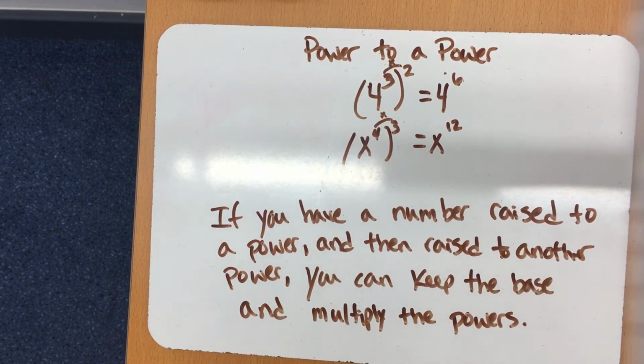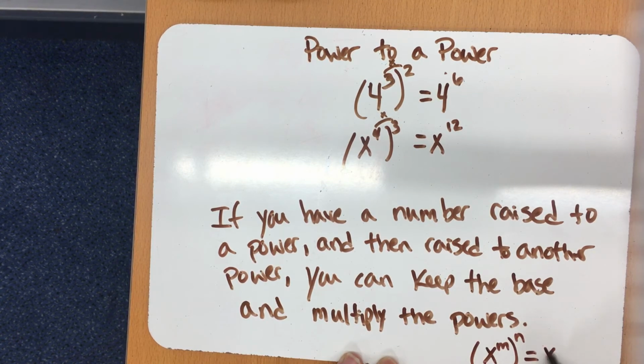So the way that this would work, written as a general rule, is if I have x to the m power to the n power, it's the same as x to the m times n.